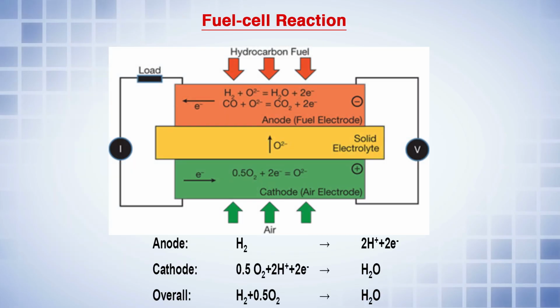So let us understand the fuel cell reaction. At the anode end, we are getting two electrons from the hydrogen, and these electrons travel through a load to the cathode, and we get the electrical output from them. This particular reaction indicates how electricity is generated from the fuel cell.